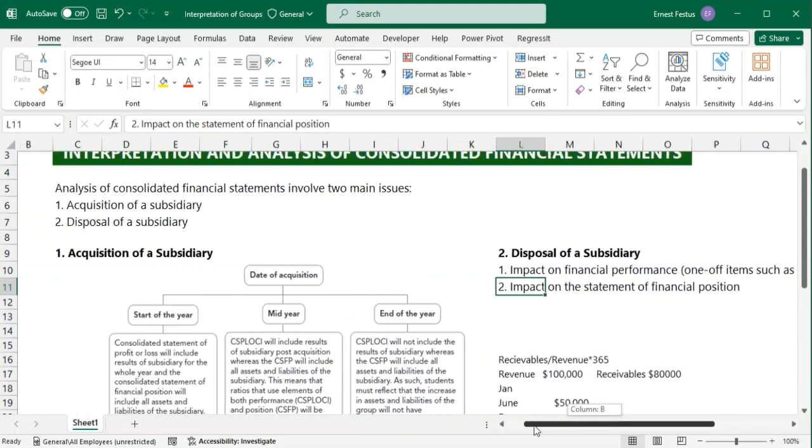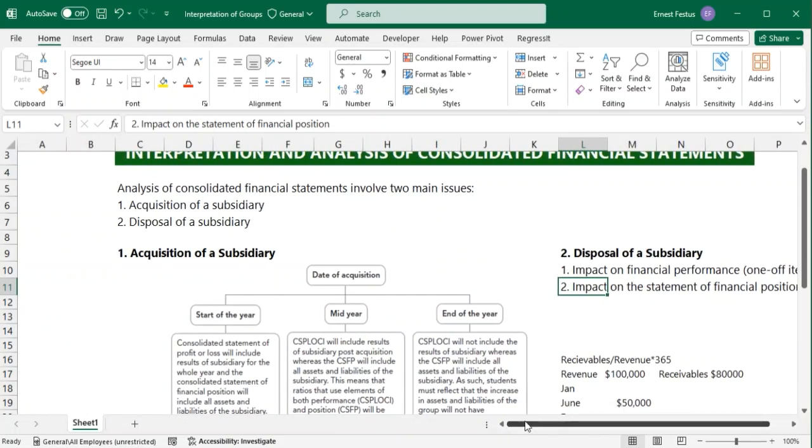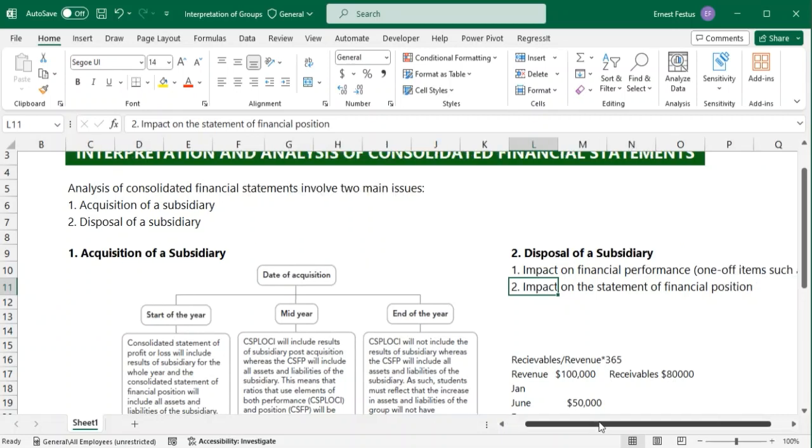So that is going to give incomparable figures with the previous year.